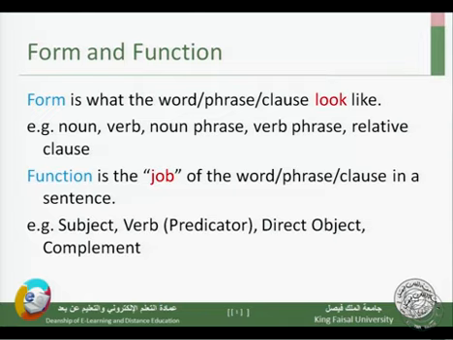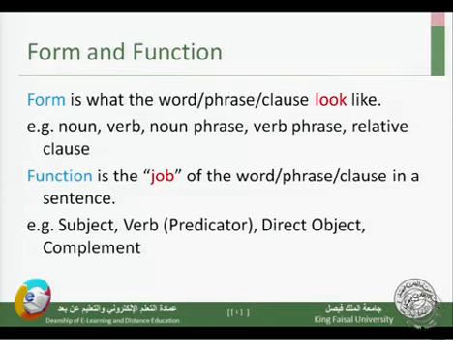Verb, for example, is also a form. Other examples are noun phrase, which we discussed in detail previously, verb phrase and relative clause. This is the form of a kind of clause, and we will discuss clauses in the coming lectures, inshallah.